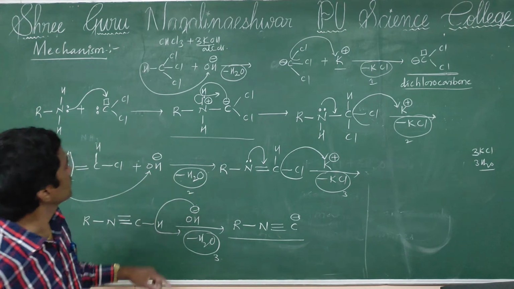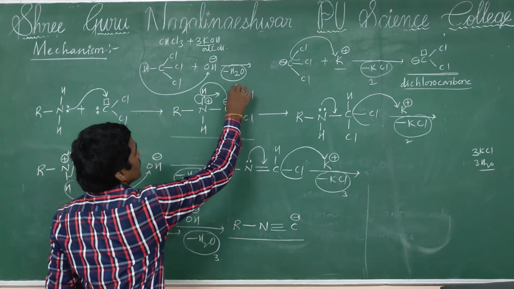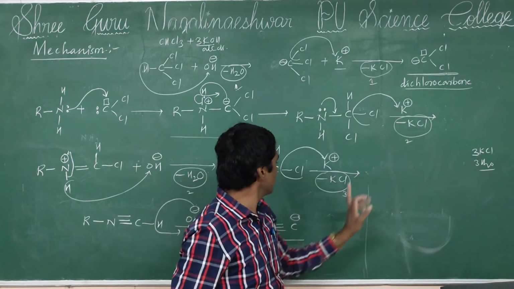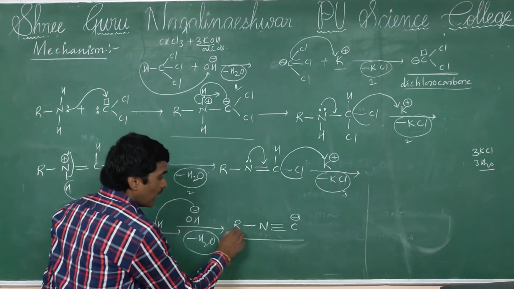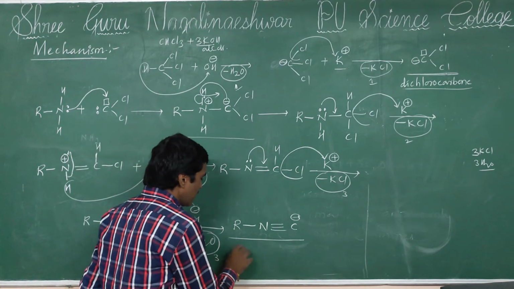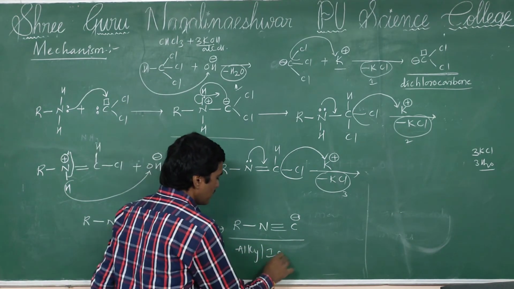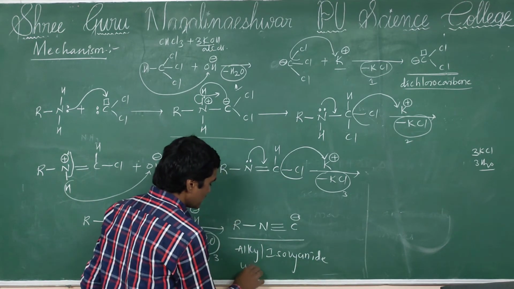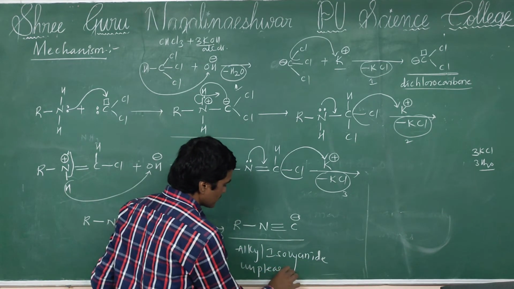This is the third. Water: first, second, third. KCl: first, second, third. So here RNC, alkyl isocyanide, is formed. It has an unpleasant odor.